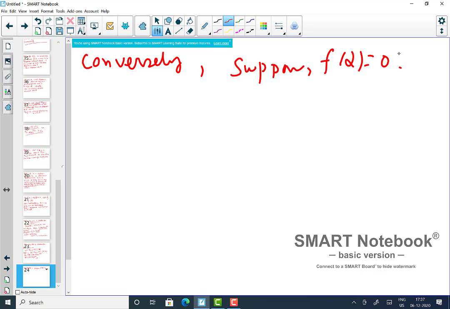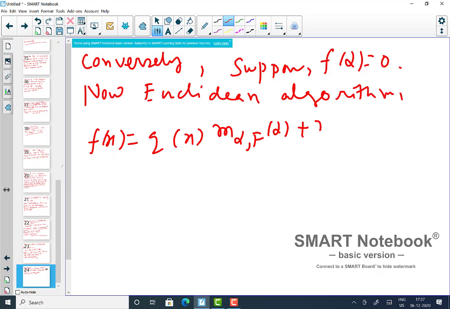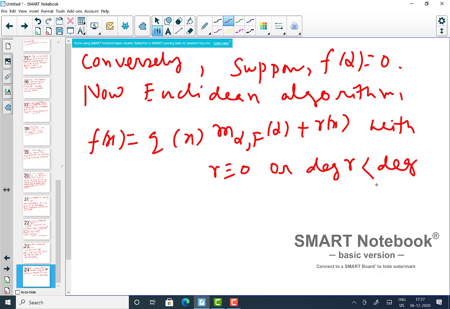So now using the Euclidean algorithm, you can write f(x) equals q(x) times m_alpha(x) plus r(x), with either r identically 0 or degree of r less than degree of this m_alpha,f, right?